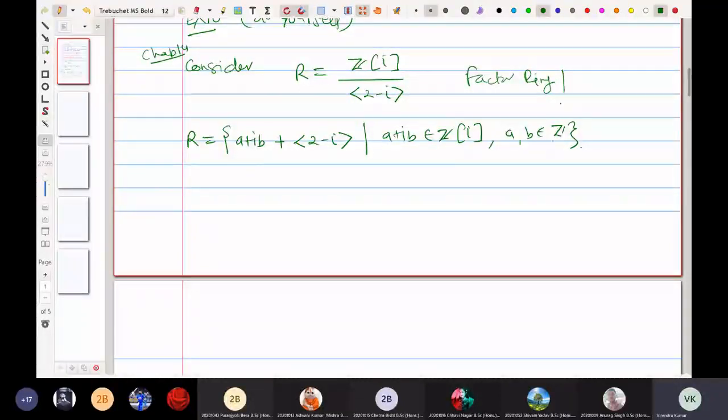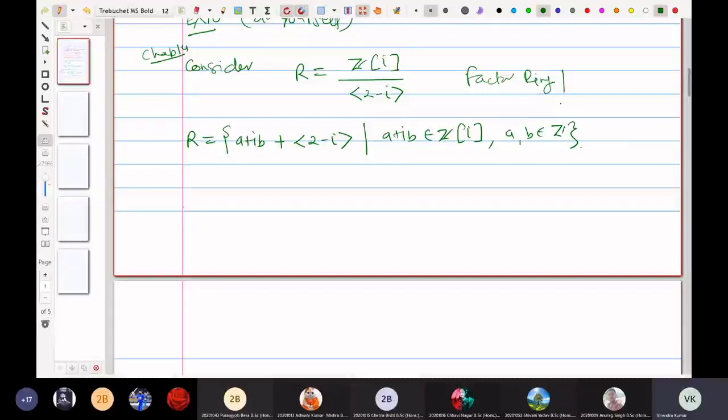So actually, this is by definition the complete set. But the question is how many elements will be there and how we can reduce them. This needs to be answered.